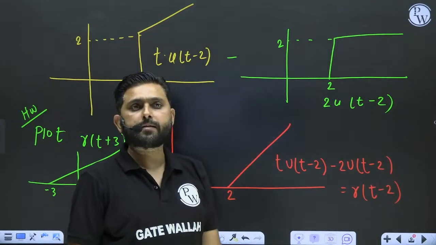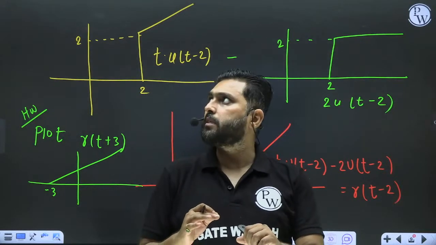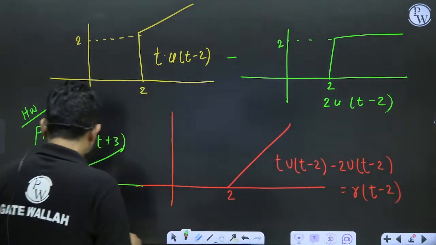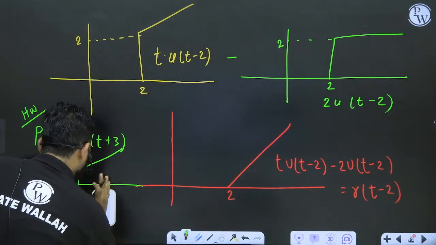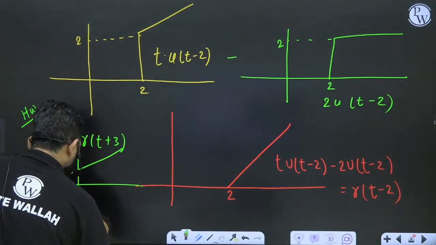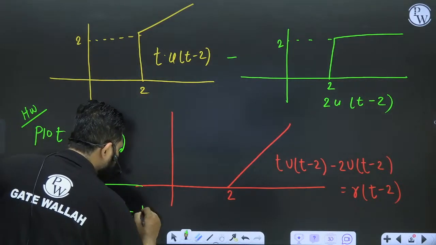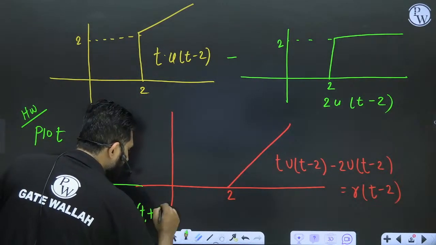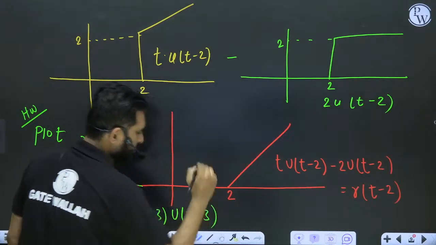But what I'm saying is that instead of plotting this in this way, you have to feel this function in this way, that it is (t plus 3) u(t plus 3).